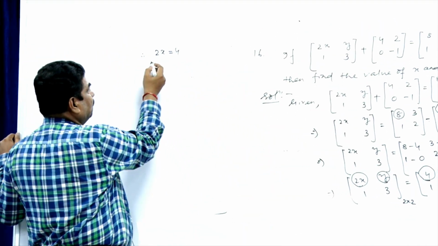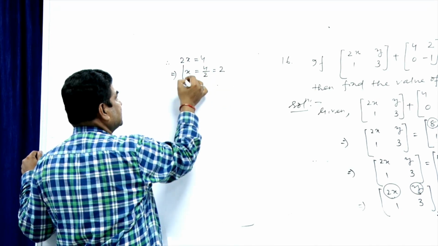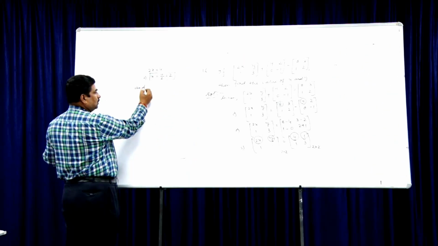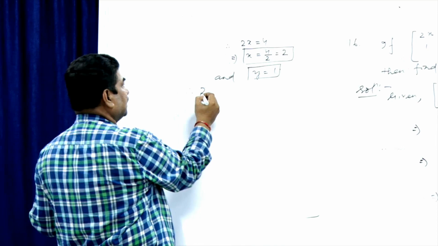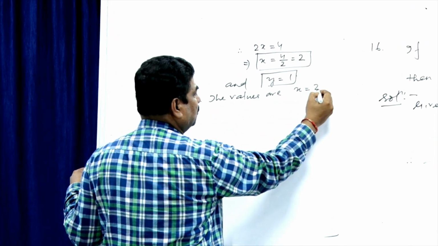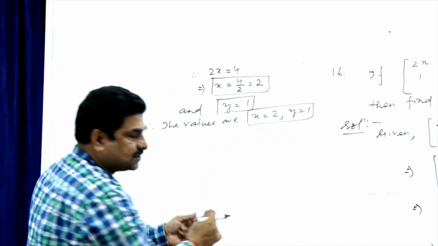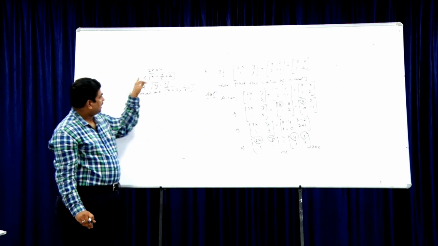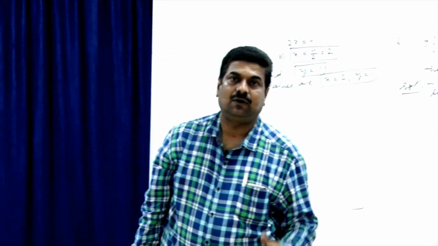If 2x equals 4, then x is equal to 4 by 2, which is 2. So the values are x equal to 2 and y equal to 1. Write the given first, then solve it and get x equal to 2 and y equal to 1.